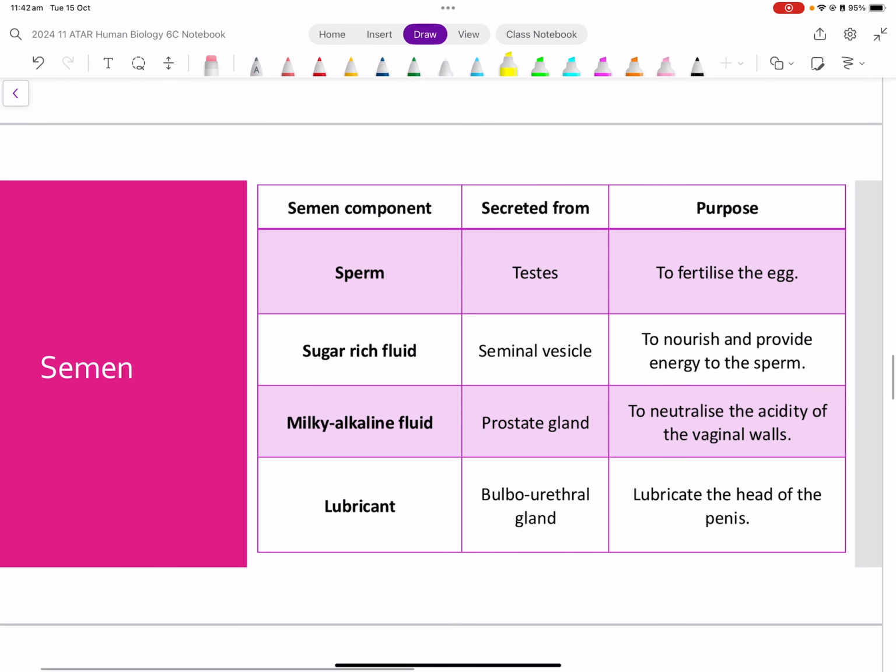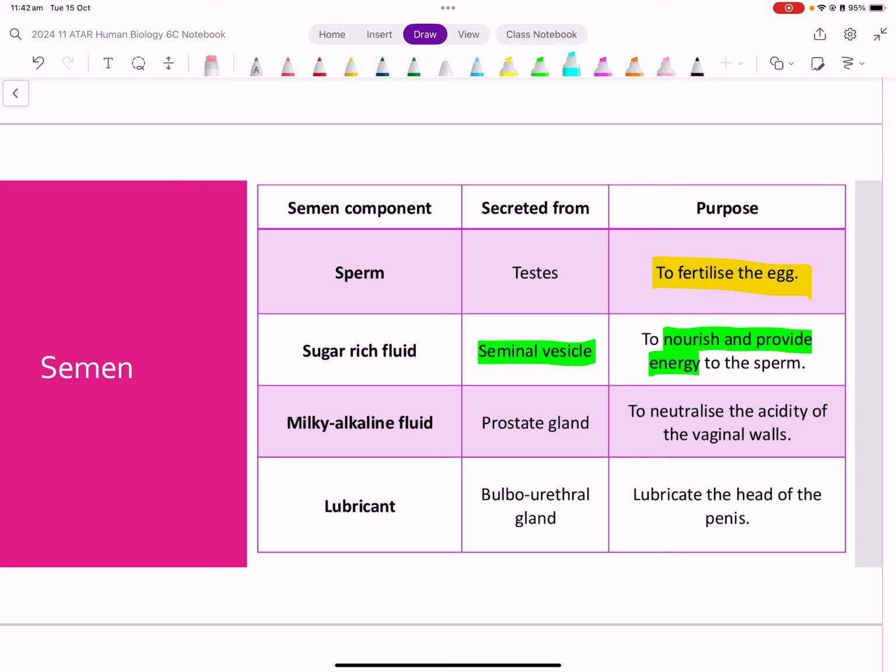So when we talk about the components of semen, we briefly mentioned them in our diagram, but in terms of sperm, they're produced by the testes, they mature in the epididymis, and their job is to fertilise the egg. In terms of the seminal vesicles, they release that sugary fluid, which makes up about 60% of the overall fluid of semen, and its job is to nourish and provide energy for the sperm themselves.